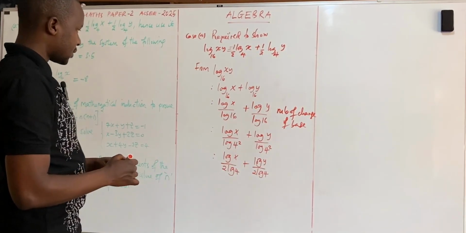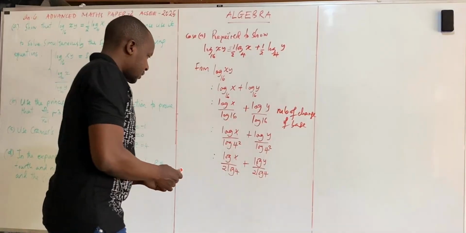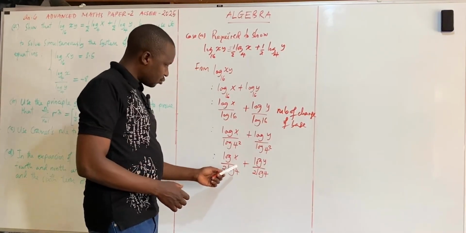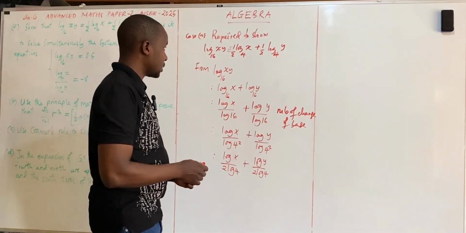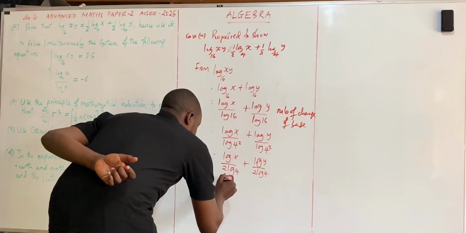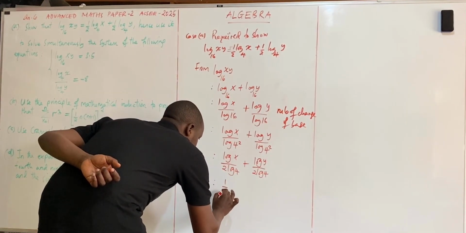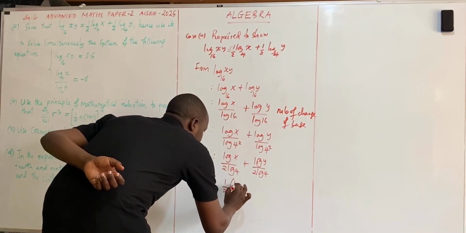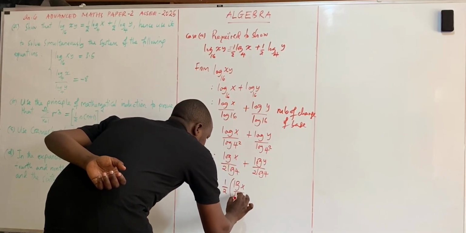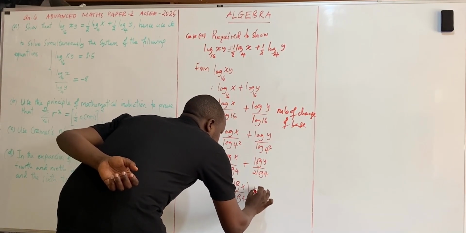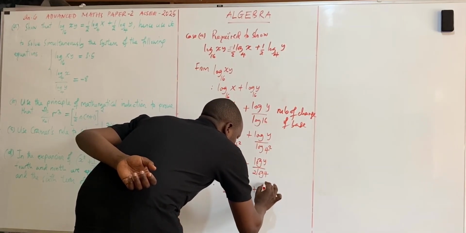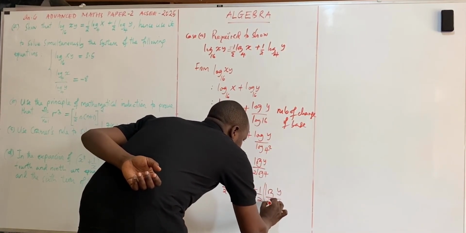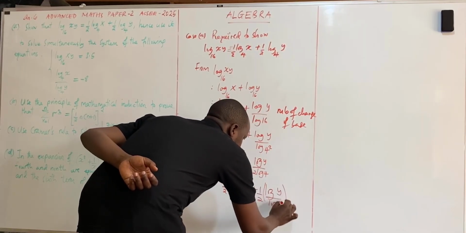If that is the case, then 1 over 2 is a constant, so we can just take it out. So it is 1 over 2 times log of x over log of 4, plus 1 over 2 again, log of y divided by log of 4, base 10.